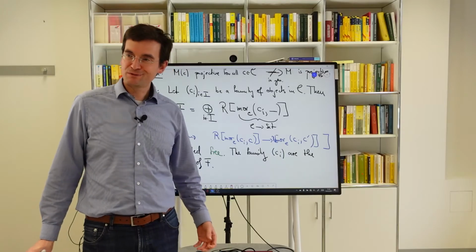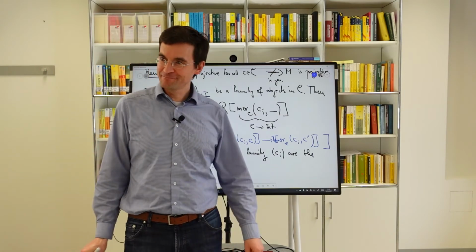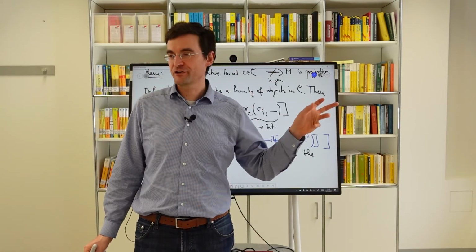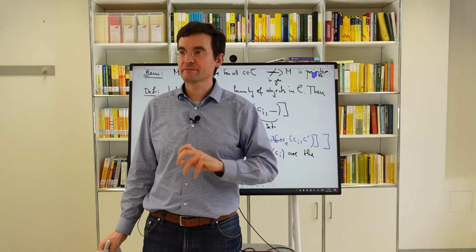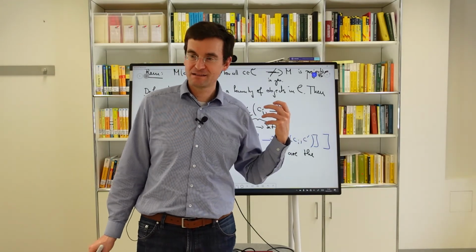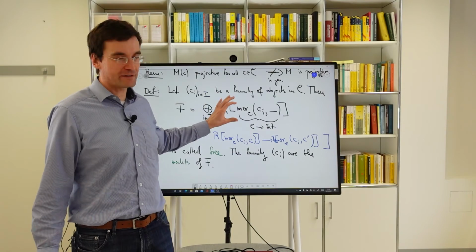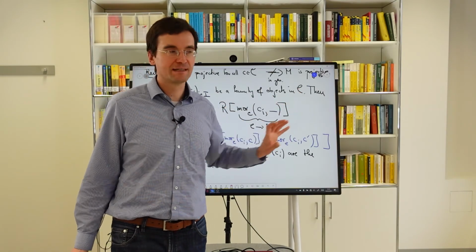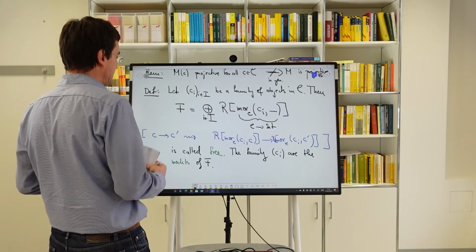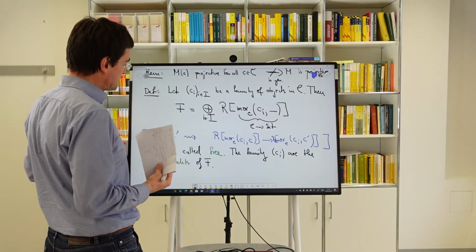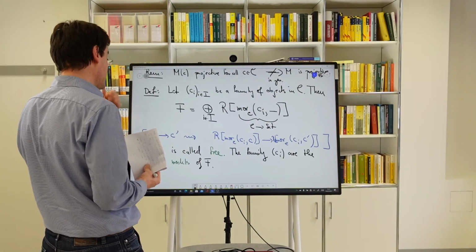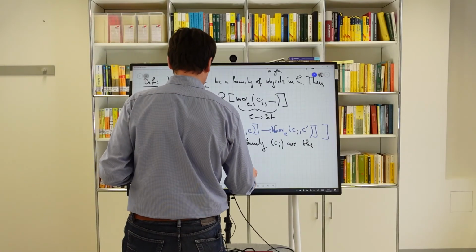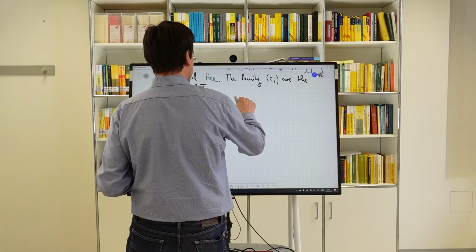Usually we don't use free freely. If we say something is free, it's a left adjoint of a forgetful functor in some sense. You can indeed view this construction as a left adjoint of a kind of forgetful functor, but I don't want to go into that. I want rather to take this just as a name and show that this module F has the property of a projective module. It is a projective module.